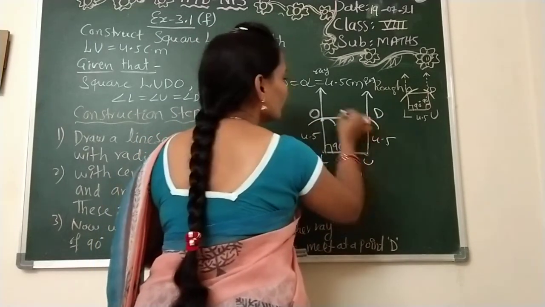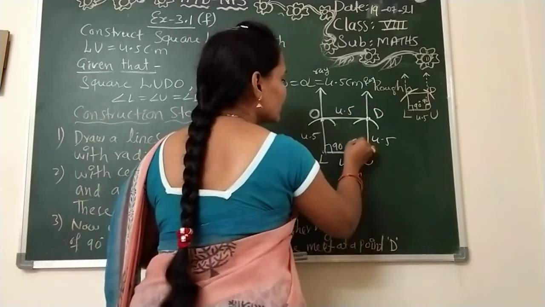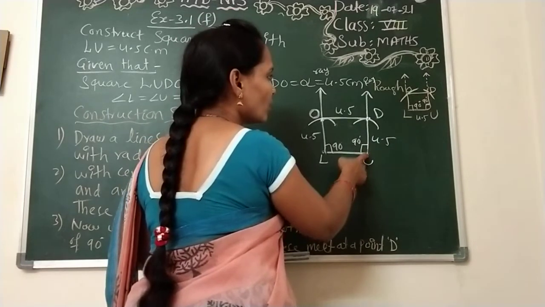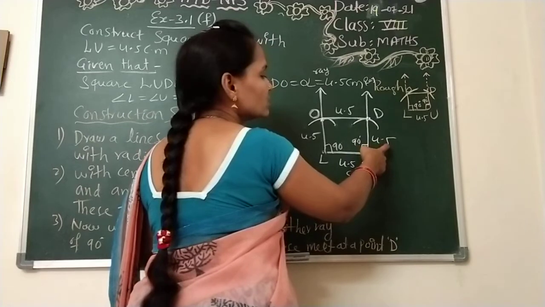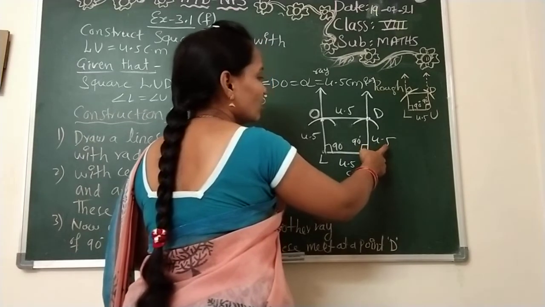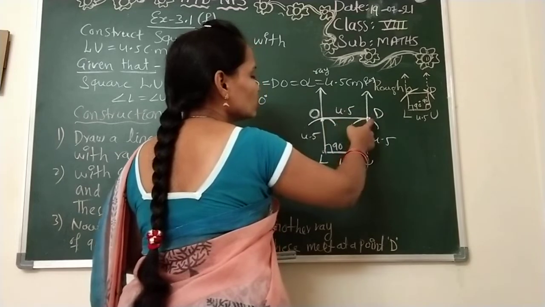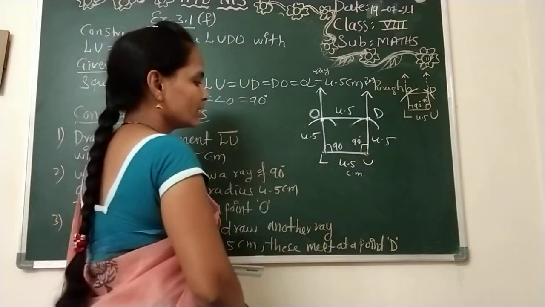This is 4.5, this also 4.5, and this is 90 degrees. So with center U, draw a ray of 90 degrees and an arc of 4.5 centimeter radius. After these two meet at a point D, we join OD, and then we get the required square LUDO.